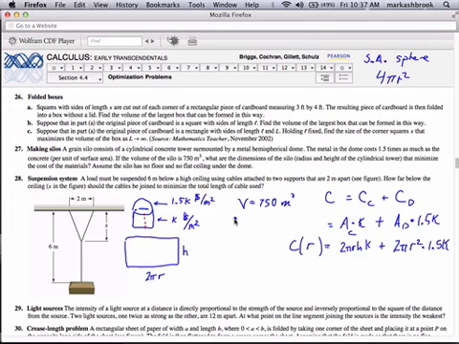Okay? So the total volume of the silo is 750 meters cubed. So the volume is going to be able to get us H in terms of R. So what would you say the volume was? Pi r squared times the height.